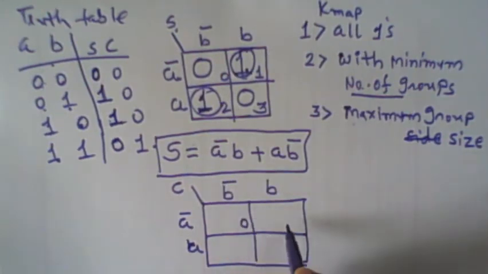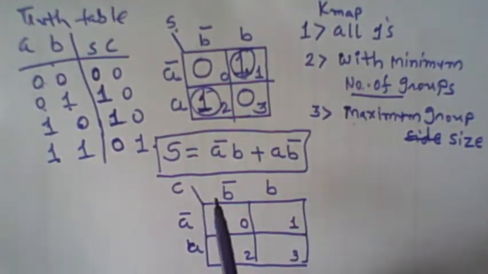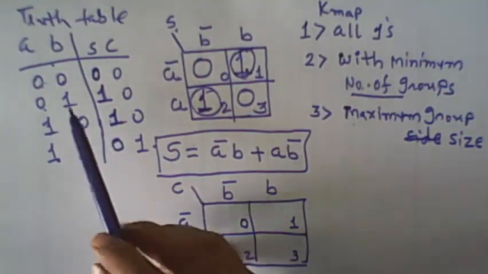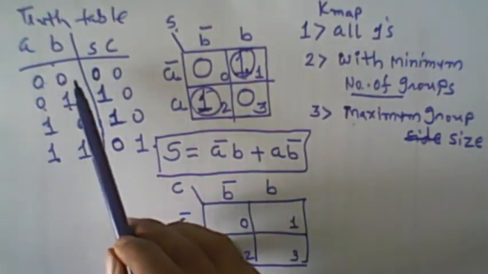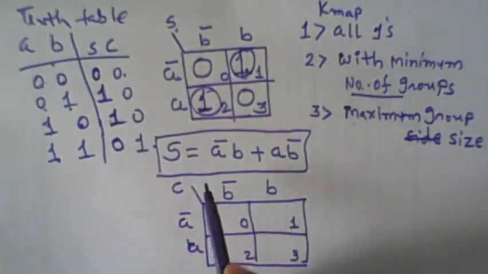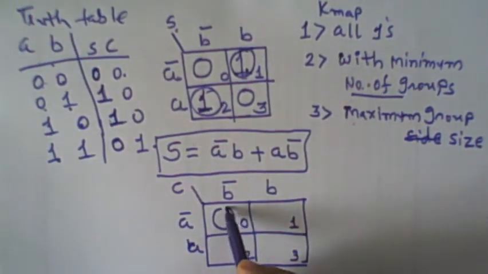So this is minterm 0, minterm 1, minterm 2 and minterm 3. Let me map from the truth table to the Karnaugh map. For minterm 0, when A and B are 0 0, the carry bit is equal to 0. So here it is a 0.